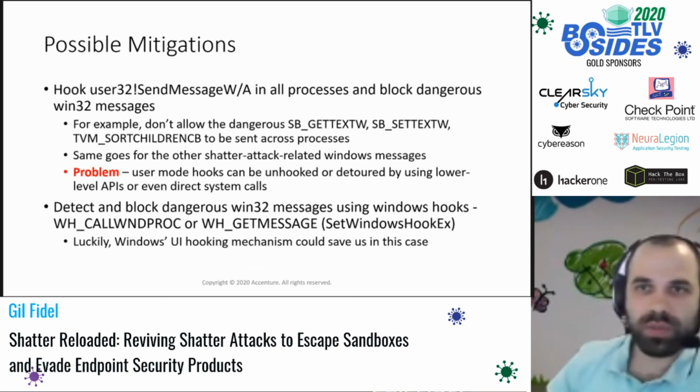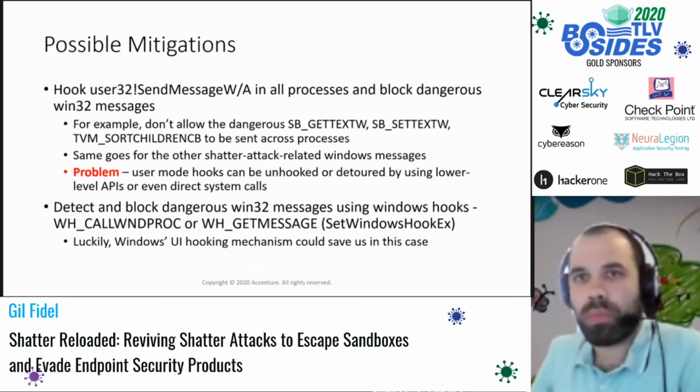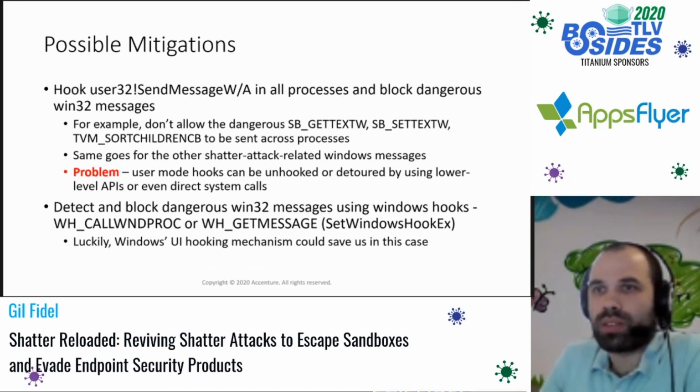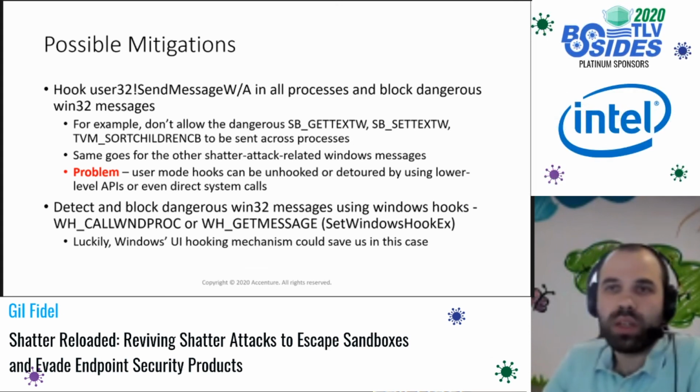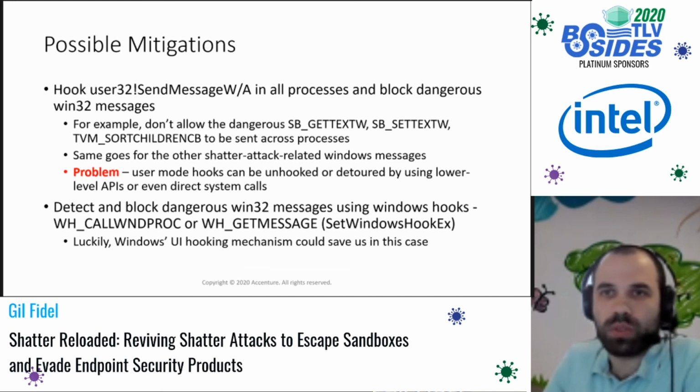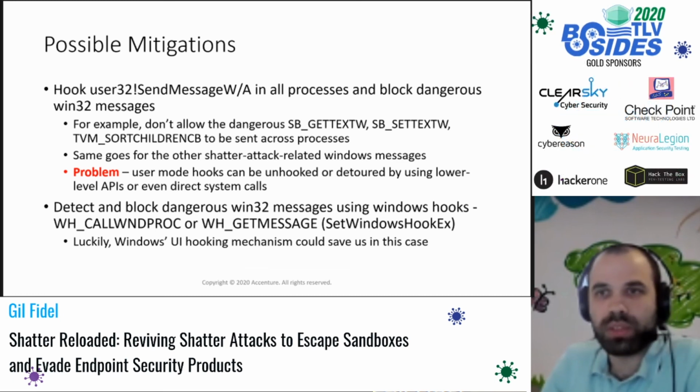Now, in terms of possible mitigations, the most trivial one would be to say, okay, let's hook SendMessage and block the dangerous Windows messages or sanitize the callbacks or something like that. The problem is that user mode hooks, like we said, could not really be treated as a security mechanism because they can be disabled.